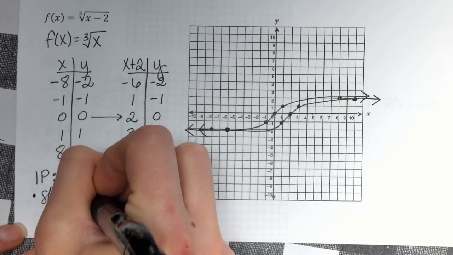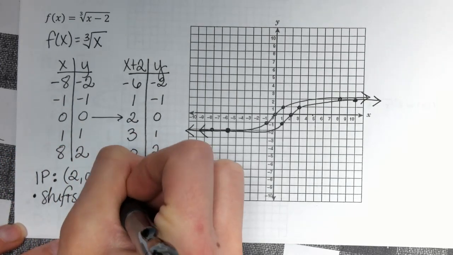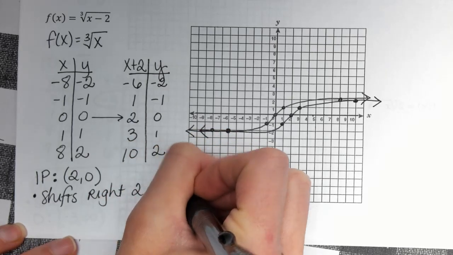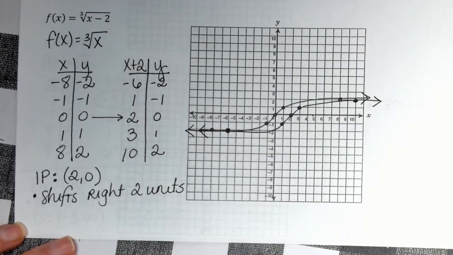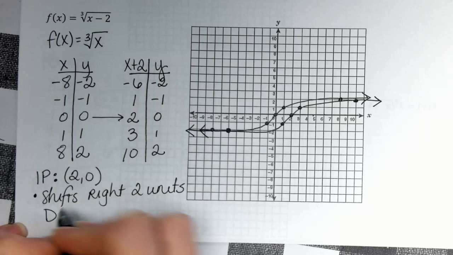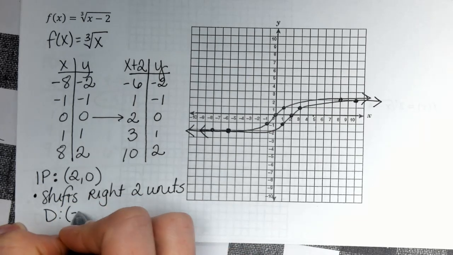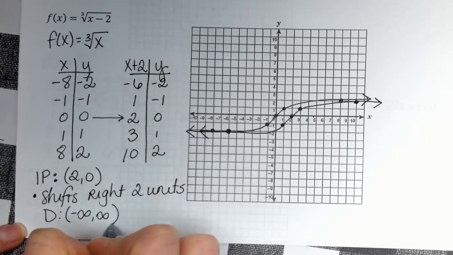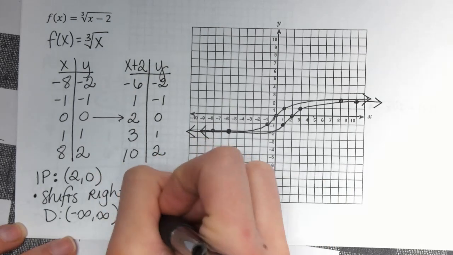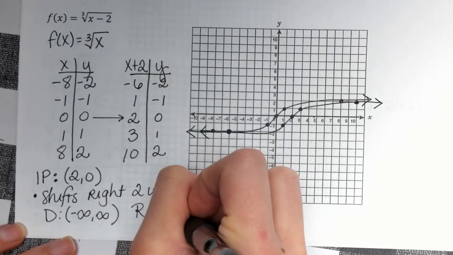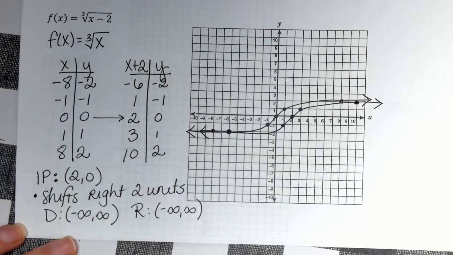It shifts right 2 units. Domain would be negative infinity to positive infinity, and my range, negative infinity to positive infinity. That domain and range will be the same for every single cubic function, no matter what. Okay?